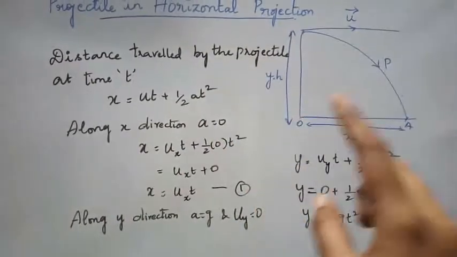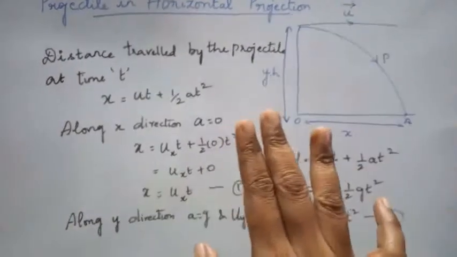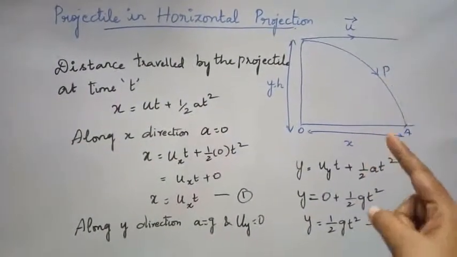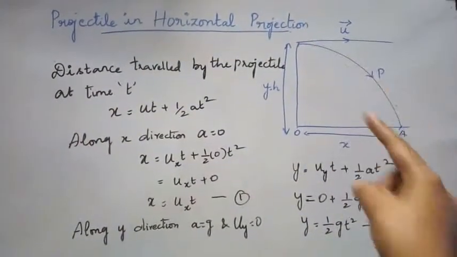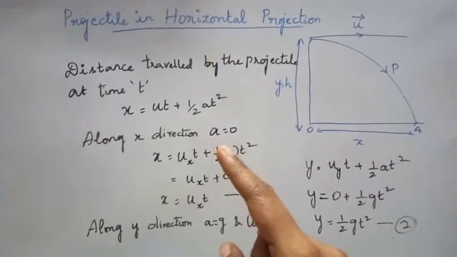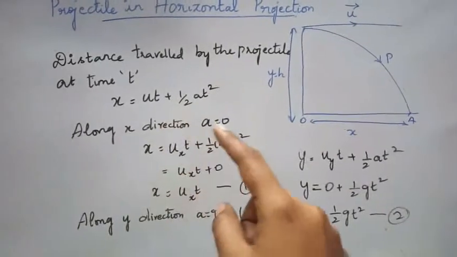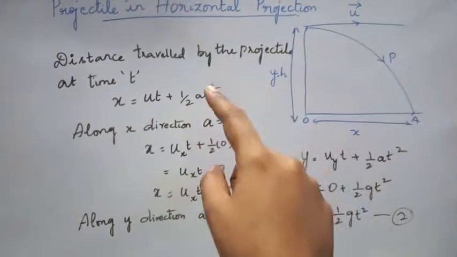We know that in the x direction there is no acceleration; the object falls from top to bottom, so only in the y direction will it have acceleration. So a equal to 0 in the x direction. Substitute a equal to 0 in the above equation.